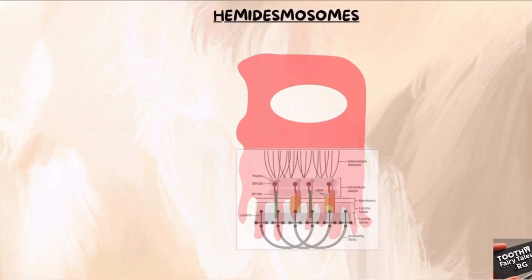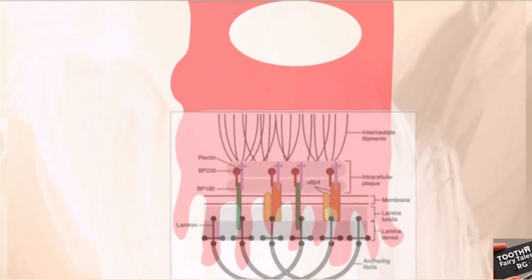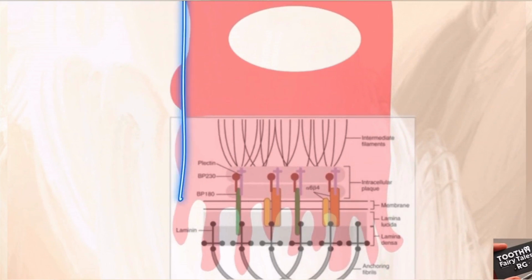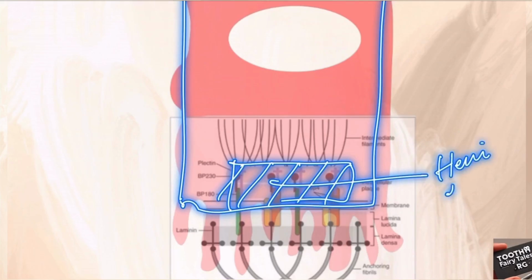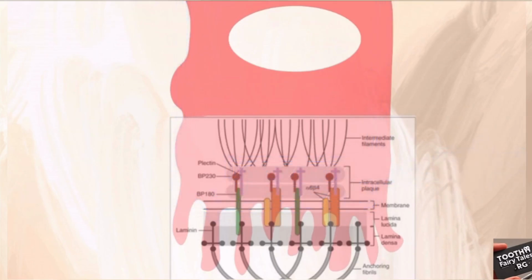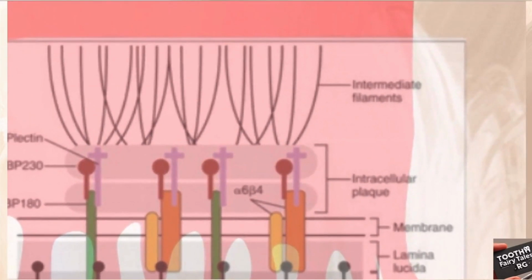Let us have a closer look at the structure of hemidesmosomes. This is a basal epithelial cell. At the base of the basal epithelial cell, there is a specialized structure which is known as hemidesmosome. So this hemidesmosome has the intracellular plaque. There are two components of the intracellular plaque.